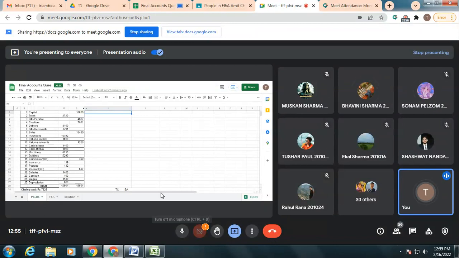Personal. Okay, so the same process you're going to follow here and try to do the trading and profit and loss account and balance sheet to whatever extent you've understood. But everybody must try this one question before the next class. Okay, so if Sir schedules an extra class with you, we'll let you know.